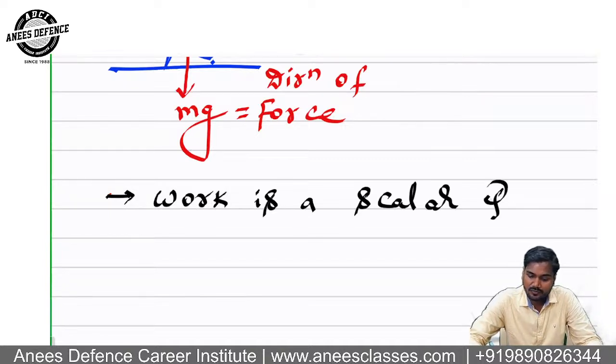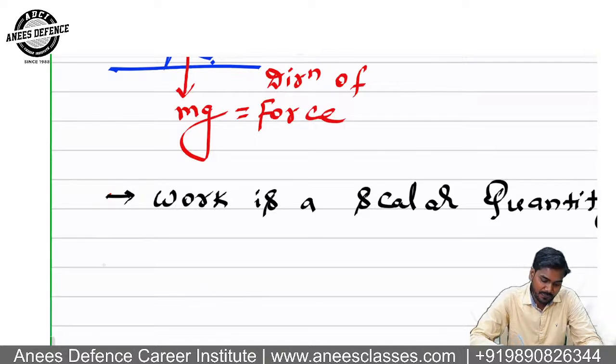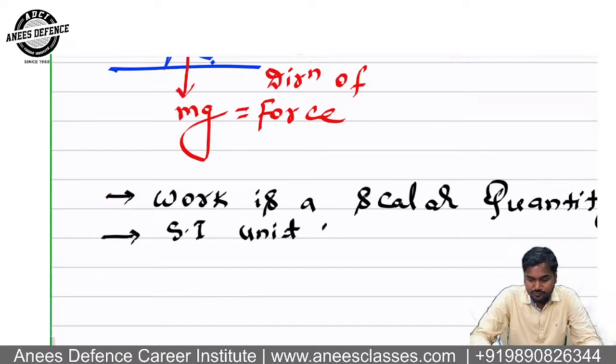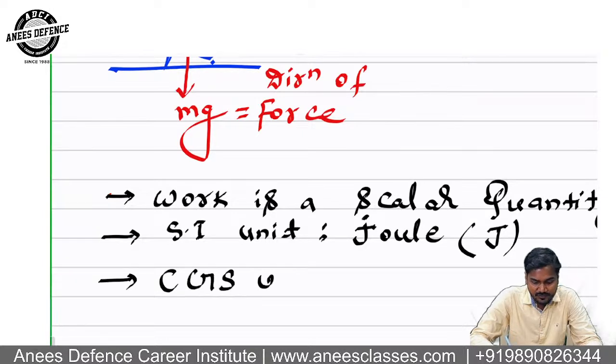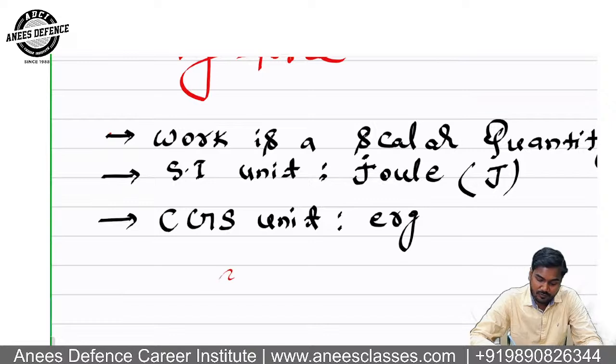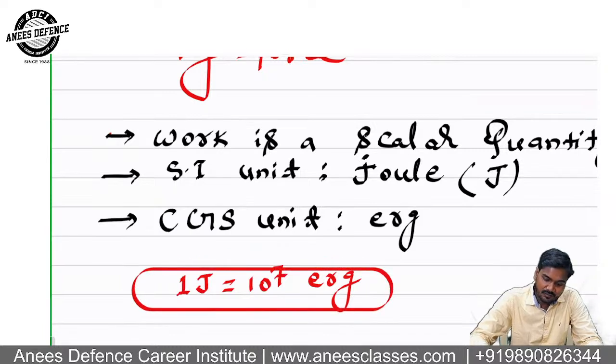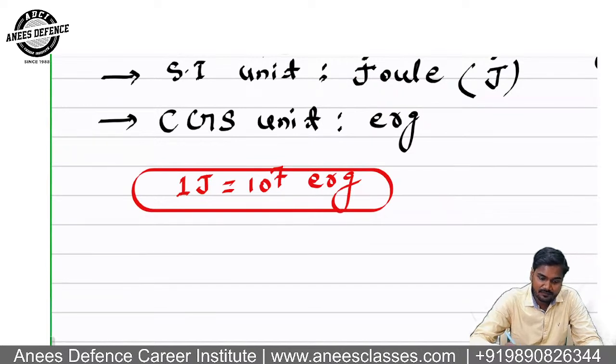Number two, the SI unit of work is the joule, capital J. The CGS unit is erg. The relation between SI unit and CGS unit for work done: 1 joule is equal to 10 raised to power 7 erg.